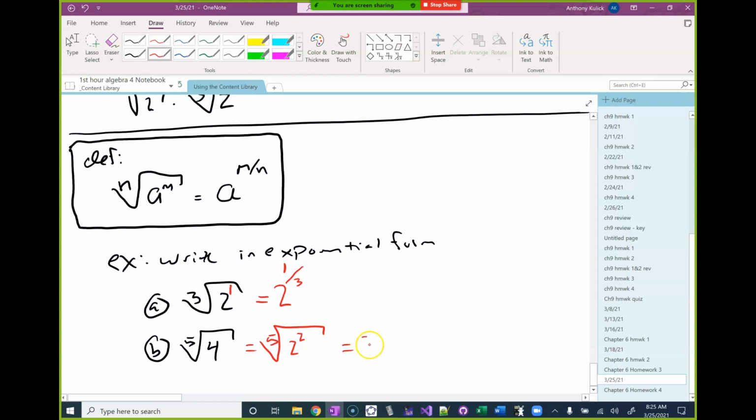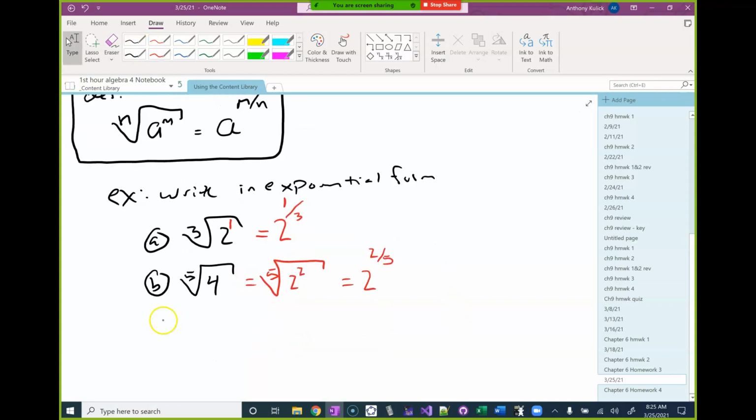Let's do one more just to make sure we got it. Let's say we're going to do the 8th root of 16. So again, starting with the prime factorization of 16, that's 2 to the 4th.